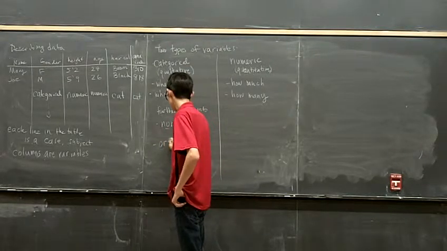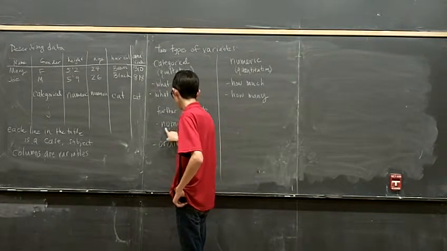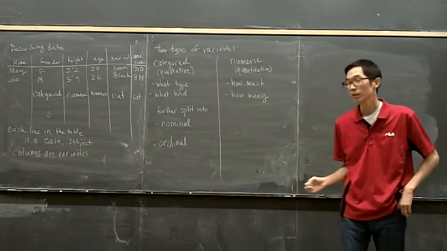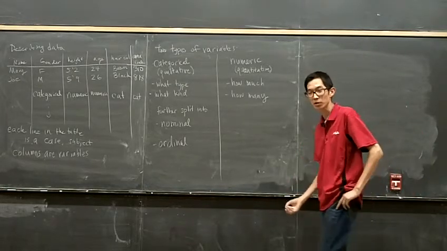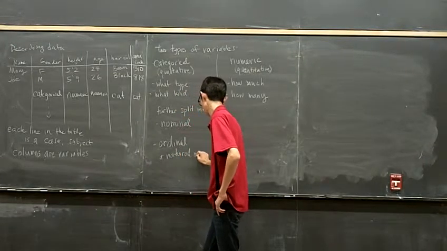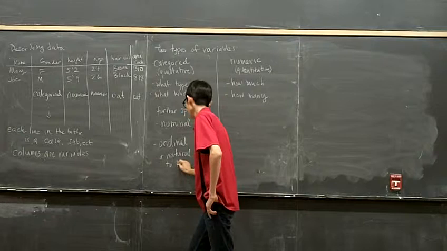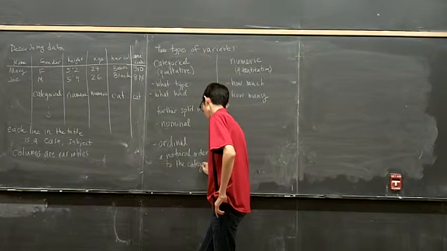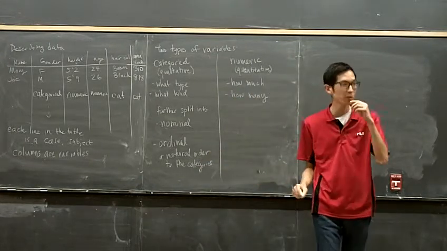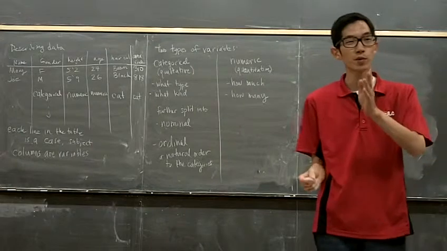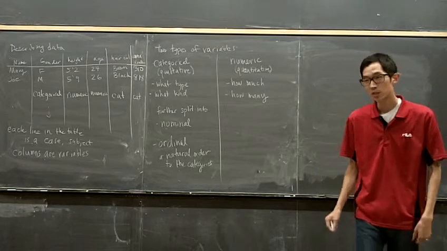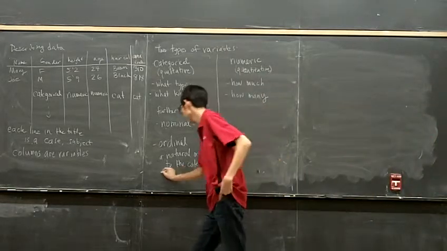Nominal has no natural order, and ordinal has a natural order to the categories. A good example of ordinal would be t-shirt sizes. You go from small, medium, large, extra large. There's a natural ordering to those categories.